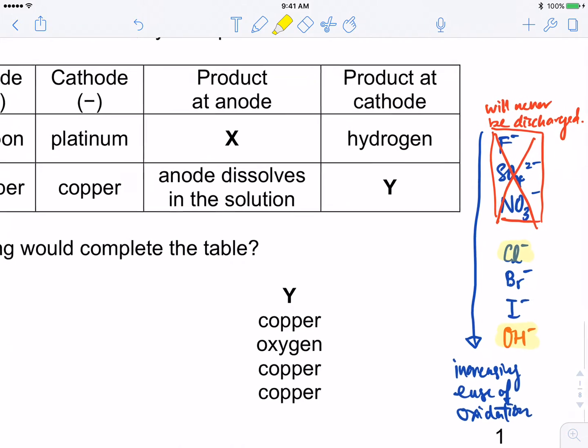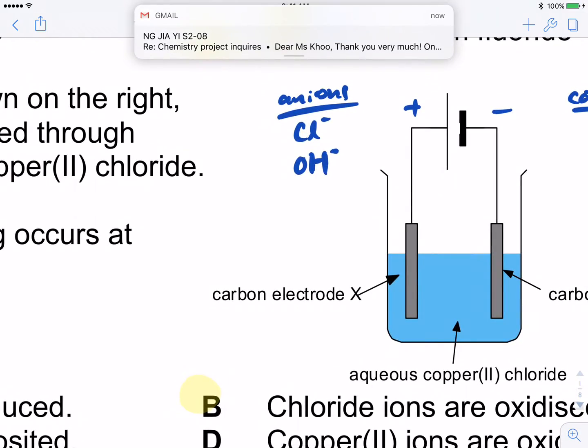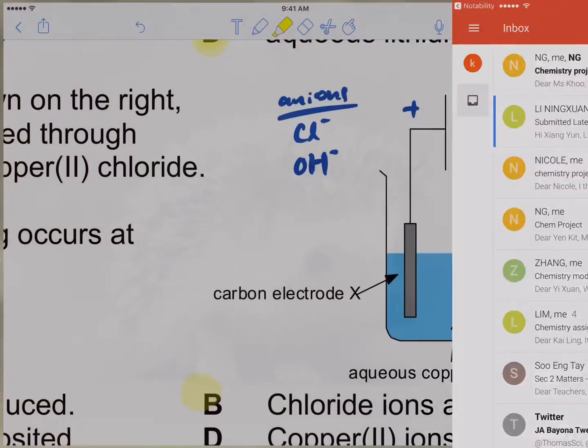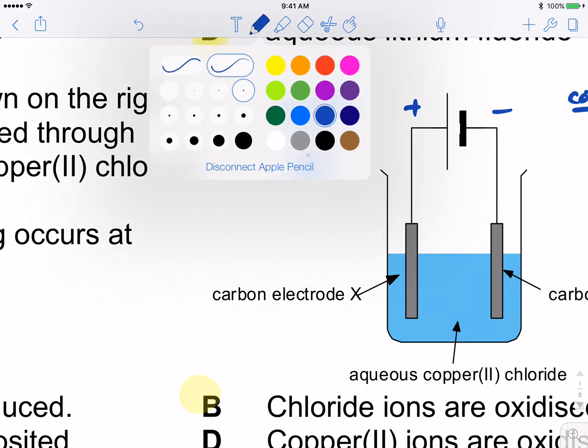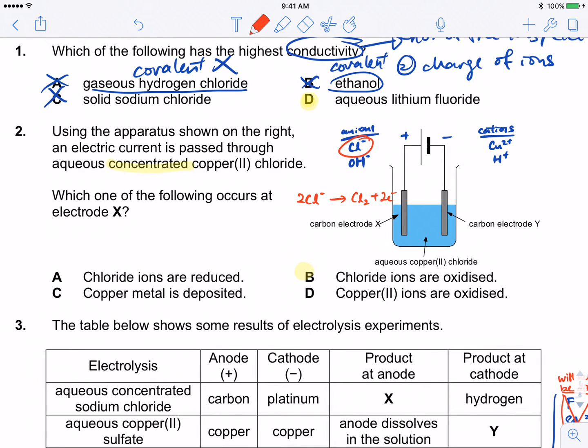However, since it's a concentrated chloride solution, due to the concentration effect, your chloride will be the one that is preferentially oxidized or discharged. So what will happen at this electrode? We will see that chlorides will lose electrons to become chlorine gas. Okay, so this is the oxidation reaction. If we look at the options, we see that B is the one that's correct.